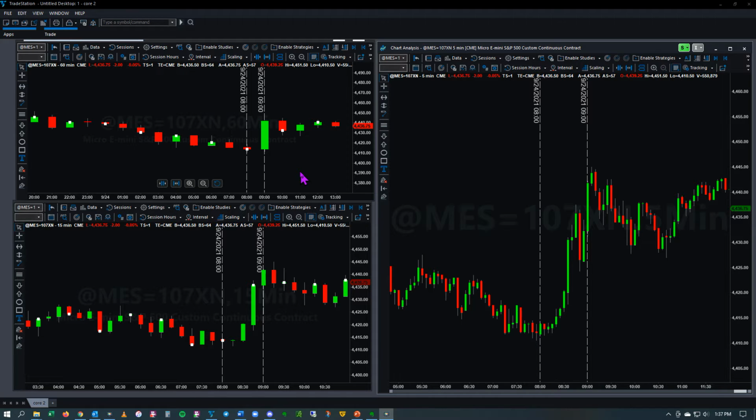And one of the things that you have to consider when you look at the candles is if you're looking at a smaller time frame, you're actually getting a lot more information about what is occurring with price action. When you look here, you can just see that between these two candles, price went up.